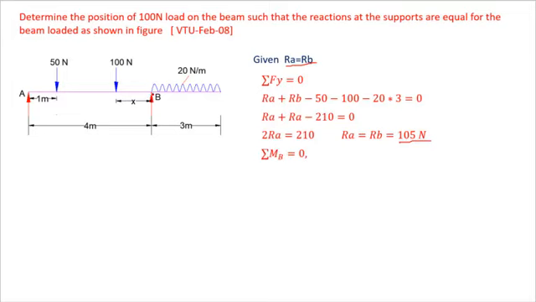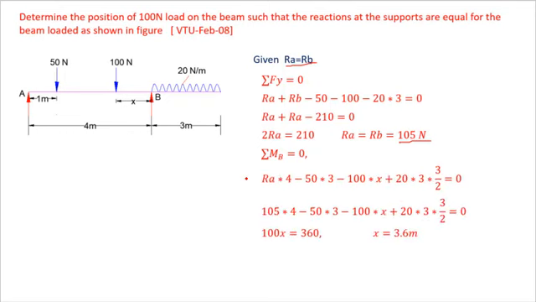Next, moment with respect to B must be equal to 0. So Ra into 4. This Ra into this distance of 4 meter is moving clockwise, hence I have taken positive. The 50 is acting with respect to point B anti-clockwise, and 100 also is acting anti-clockwise. Therefore, I will take them as negative. So 50 into 3 meter, from this end to this end it is 3 meter.